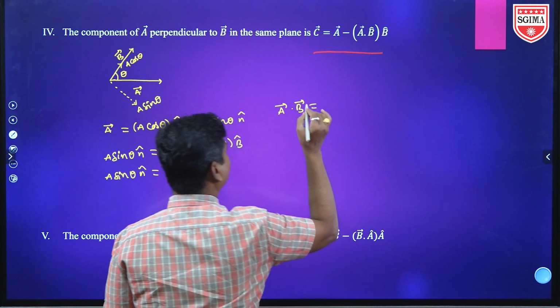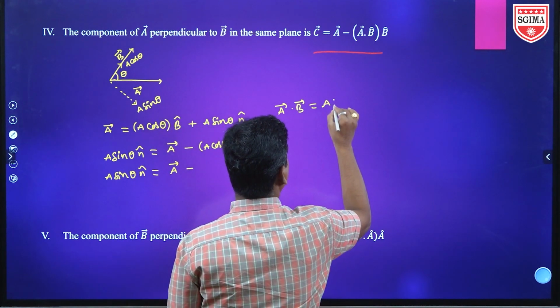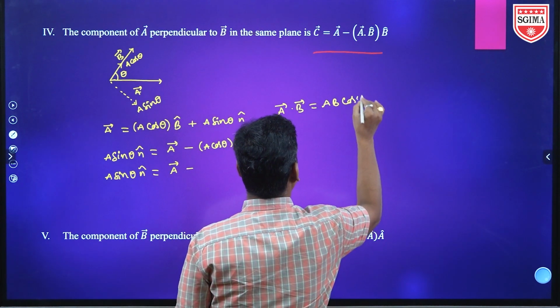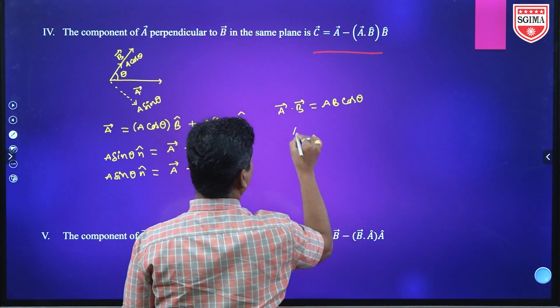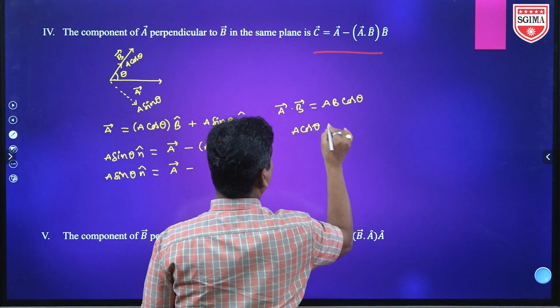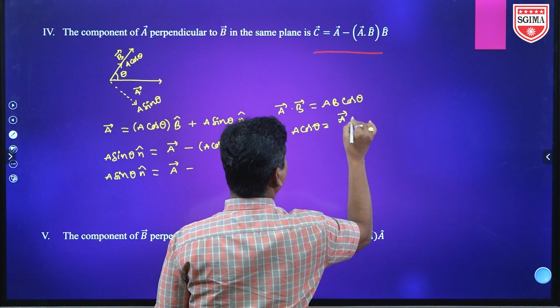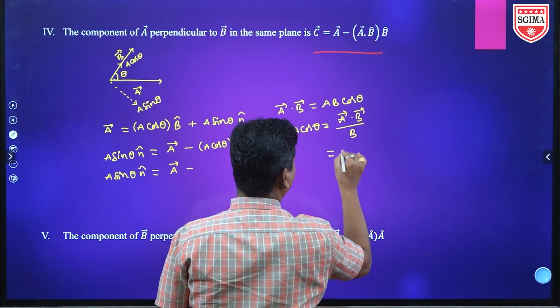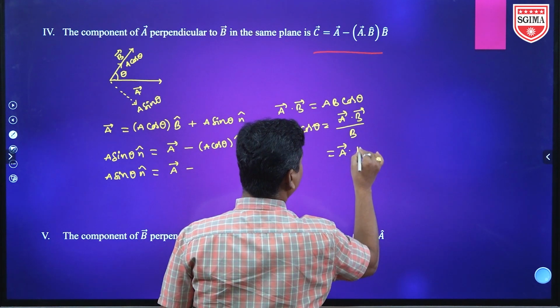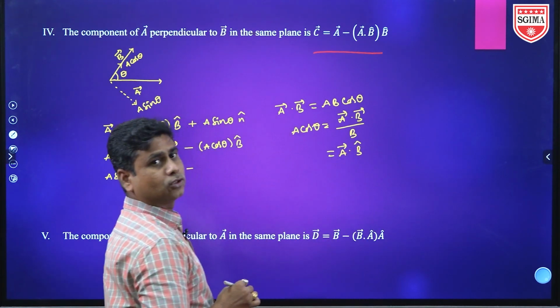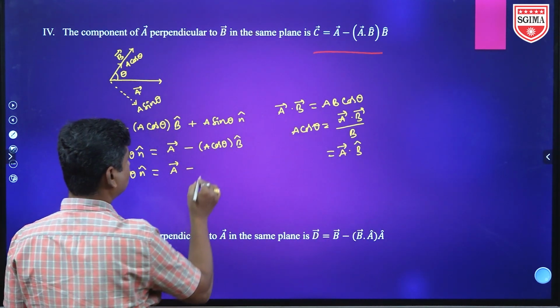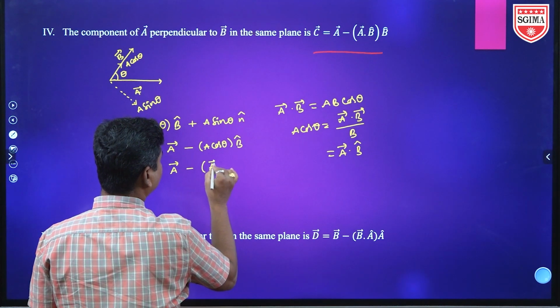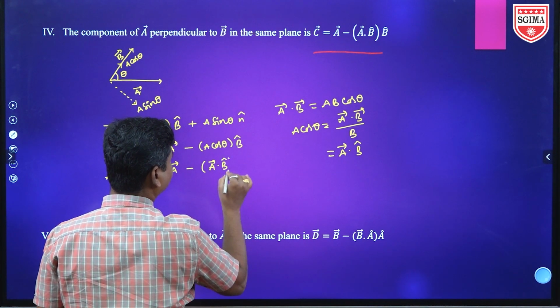A bar dot B bar equals AB cos theta. From this, we write A cos theta equals A bar dot B bar upon B. You can take A bar dot B cap also. So A cos theta equals A bar dot B cap into B cap.